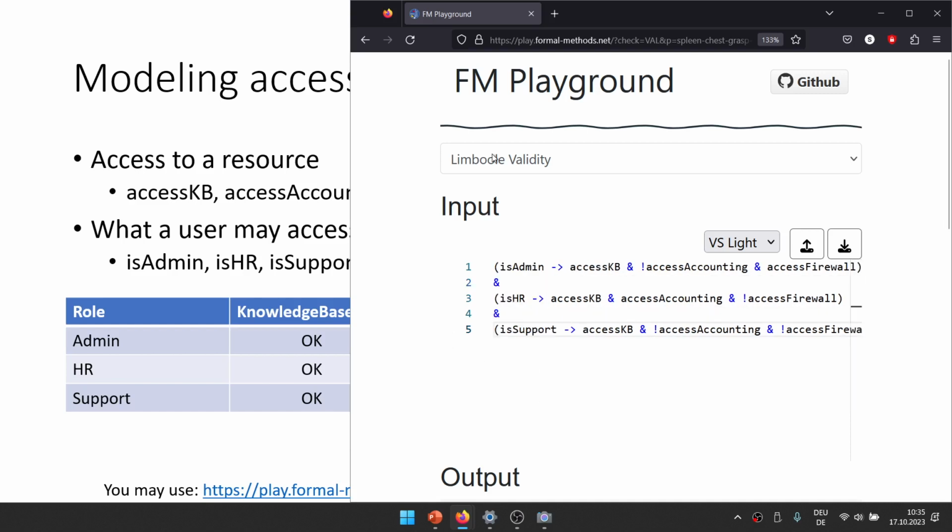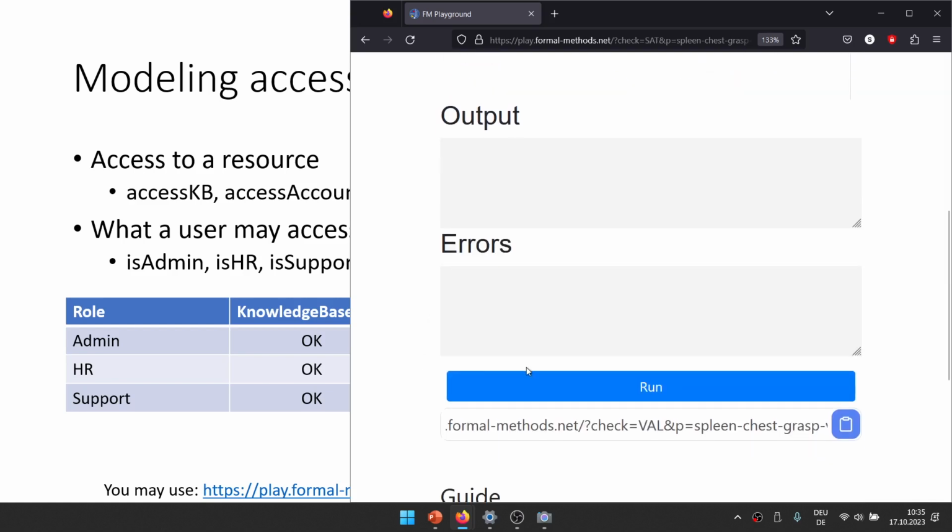Now, should we check whether this is satisfiable? If it's not satisfiable, what does it mean? So we're lucky, it is satisfiable. Now, how do we read this answer?